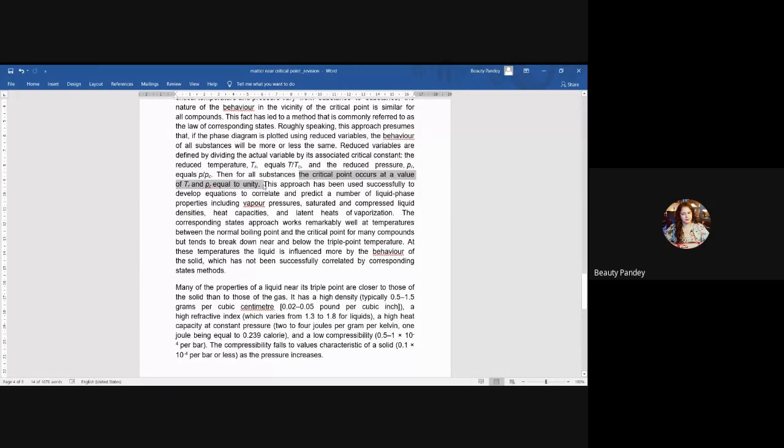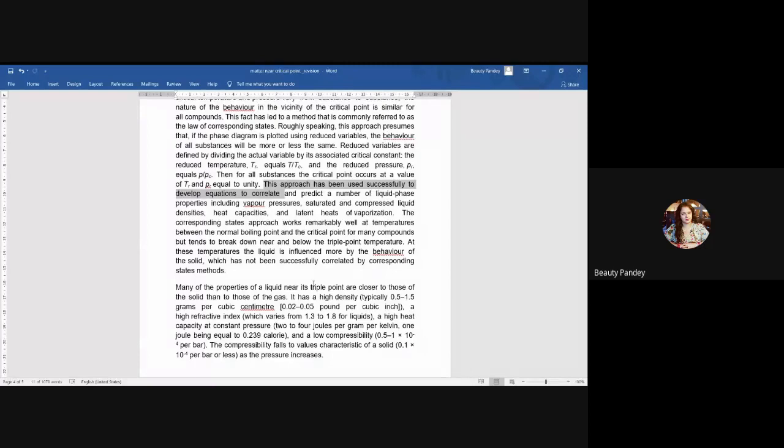You can say that this approach has been used to develop a lot of equations and predict a number of properties of the liquid phases, such as vapor pressures, saturated pressures, compressed liquid densities, heat capacities, latent heat of vaporization, etc. Also, what was the law of corresponding state?